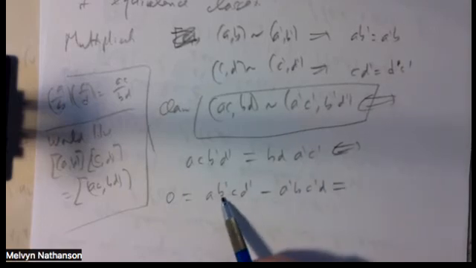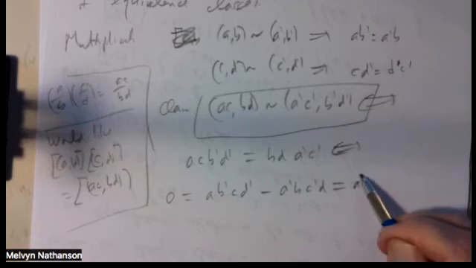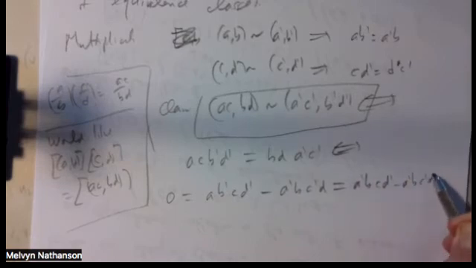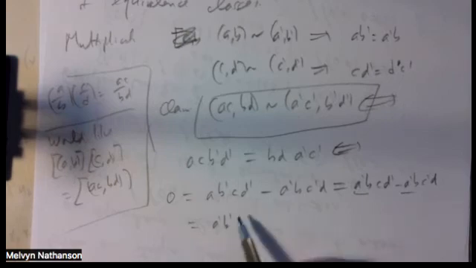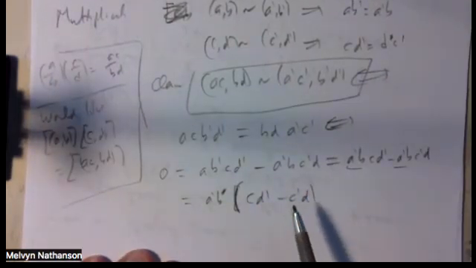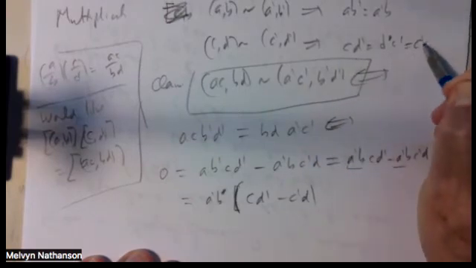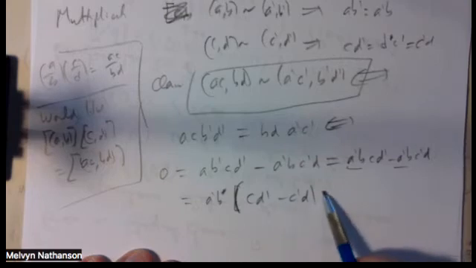So this is equal to A'B CD' minus A'B C'D. And if I factor out A'B, I get A'B times (CD' minus C'D), but CD' and C'D are equal. So this is 0, so we win.